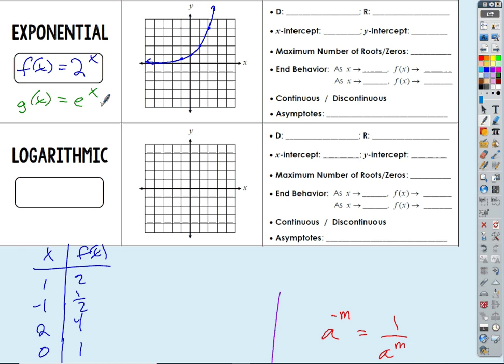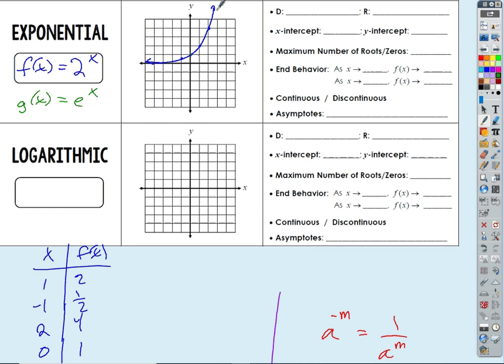It's just an irrational number that we use in math, just like we use pi. It's 2.718, goes on forever. It's irrational, okay? I would get a graph that looks very much like this one. The only difference would be, it would just be slightly different in shape. It's going to go through that point. It's always going to go through the point 0, 1, but it might be a little more squared off.